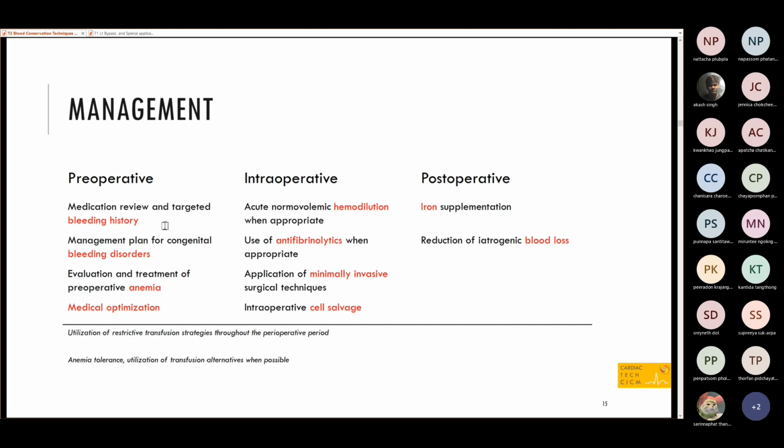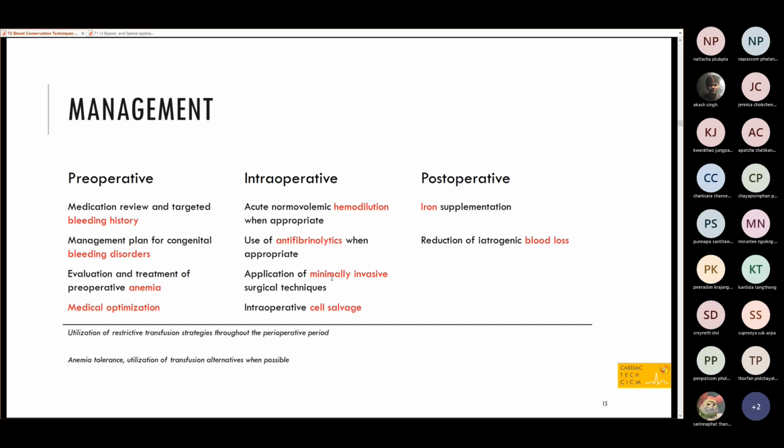You need to review the patient's bleeding history or bleeding disorder. Also review whether there is any anemia condition or not, and review any drugs that the patient gets.